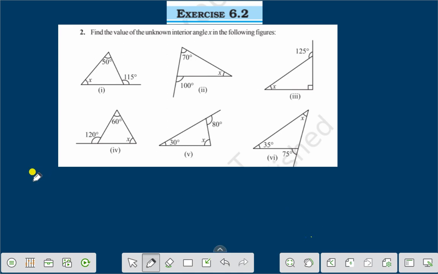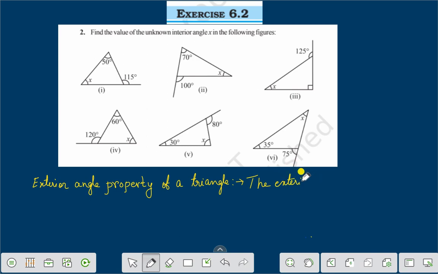First we'll write this one: the exterior angle property of a triangle.